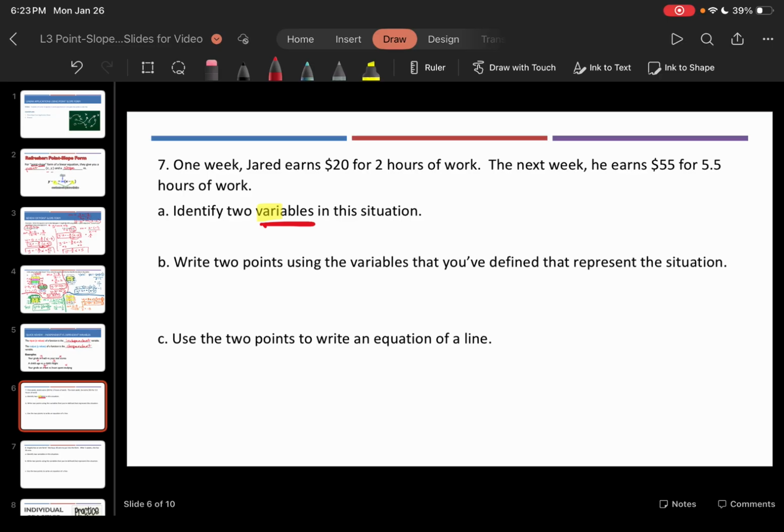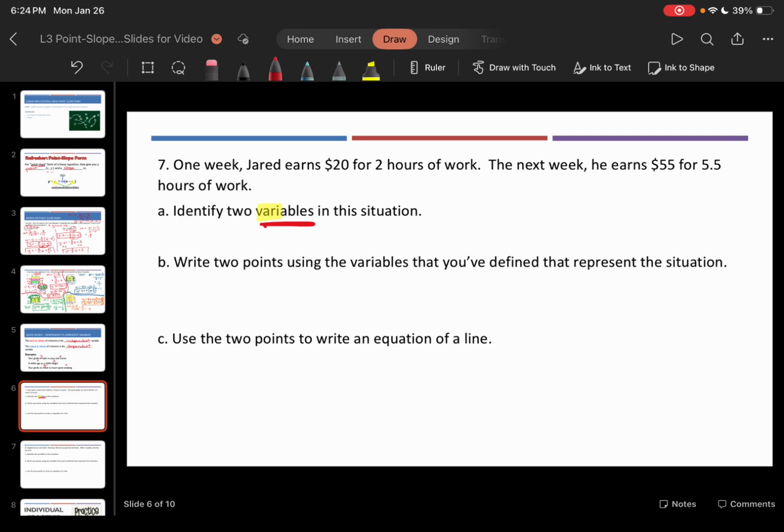Or could change. What are the things that are changing in the situation? Well, one week he's earning $20. Does he have to earn $20 every week that he works? No. So the amount of money that he's working is a variable, but also it looks like the number of hours he's working is a variable too, right?